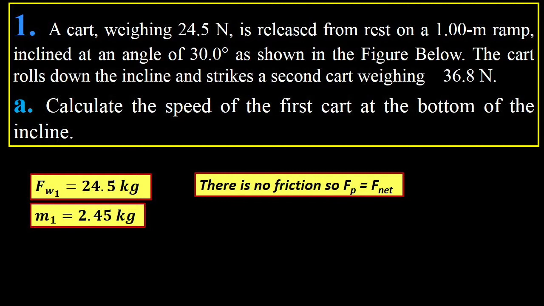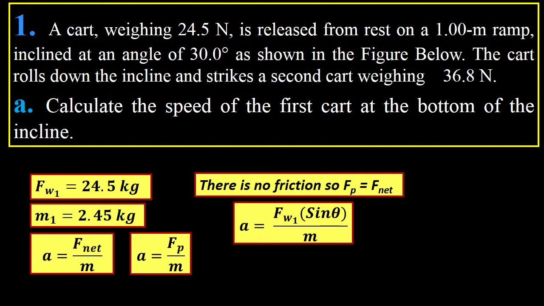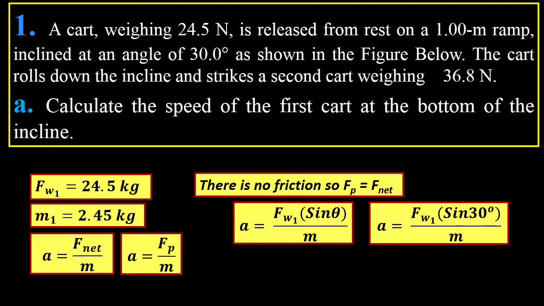And let's look and see what else is going to come up. What else do you see that might need some? There's the equation for acceleration, FP over m, because there's no friction, so FP over m is the same as F net over m. So FP is going to be FW1 sine theta, and then divide that by the mass, 2.45, and that will be the acceleration that the cart experiences due to the net force that's calculated to be FP.